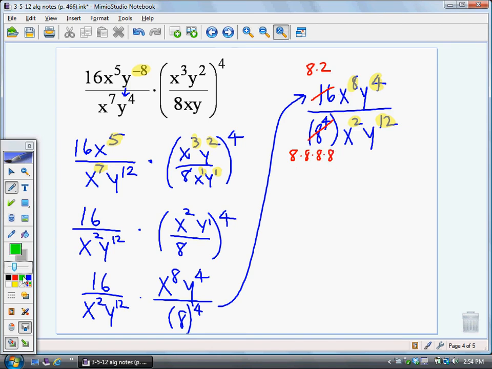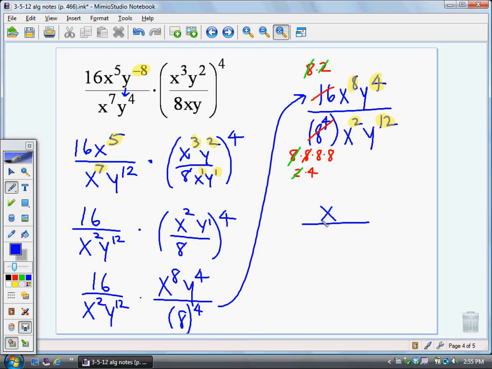Well, that's 1 right there. And then I can change my 8 to be 2 times 4. And then this is 1. And so now if I start simplifying things, my x's, I have 8 x factors on the top and 2 x factors on the bottom.